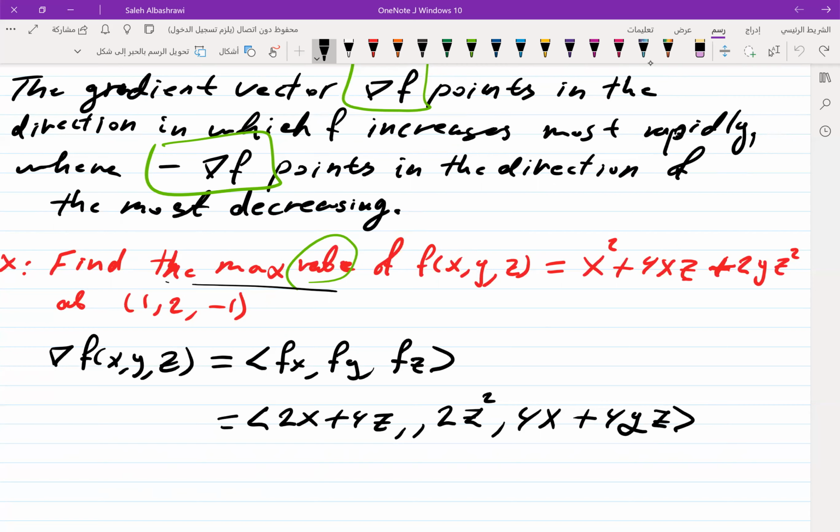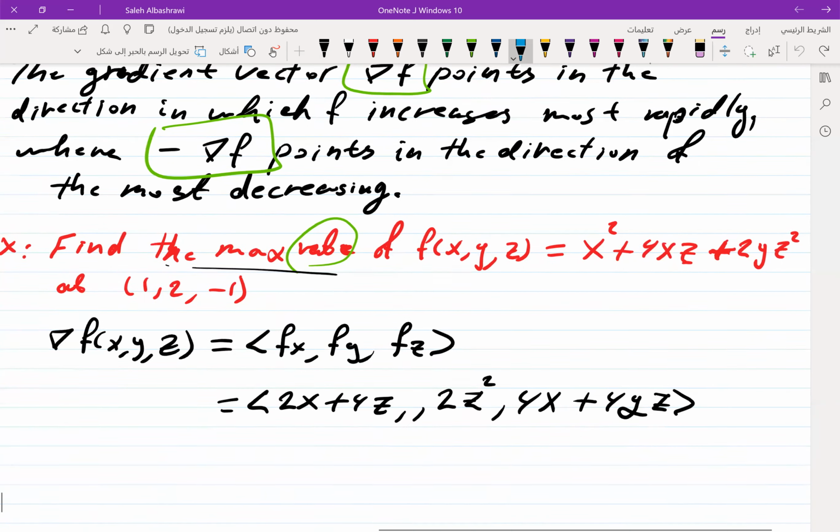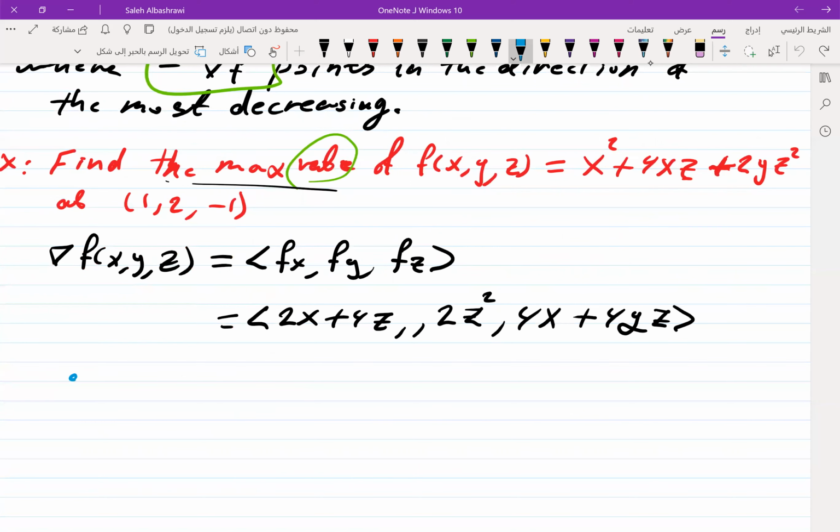Now at the given point (1, 2, -1), the gradient will be: replace x by 1, y by 2, z by -1.